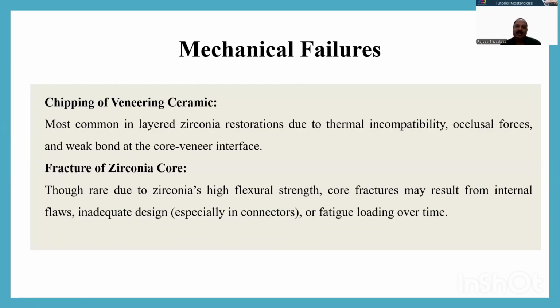The mechanical failure is because of improper bonding of your zirconia material and the layering porcelain, because zirconia layering porcelain is different, and your regular metal layering porcelain is different. Zirconia layering porcelain has to be used when you are using zirconia copings.